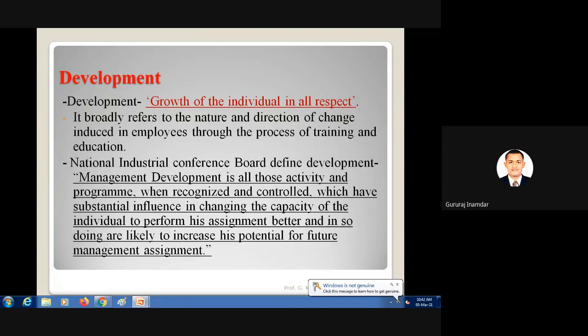We can say that whenever you give training, definitely the performance of the assignment, the role we are giving to that employee, will be better, and so it increases his potential for future management assignments. Is it right? So whatever work he was doing till now, his input will increase even more. Because of what? Due to the training only. Is it right? So this is nothing but the development.